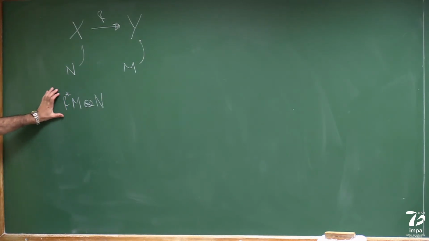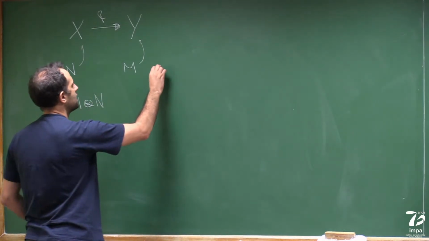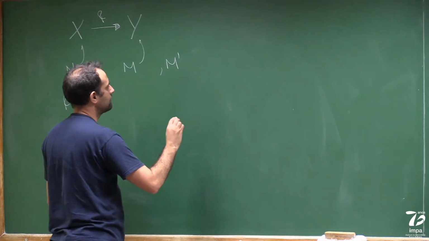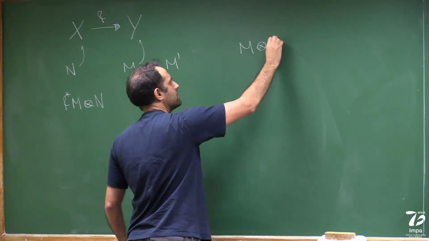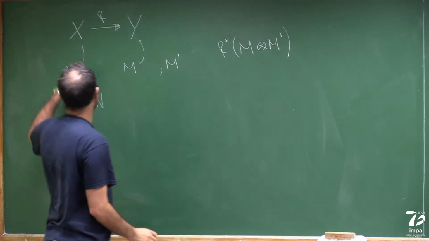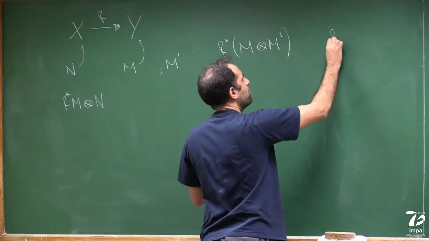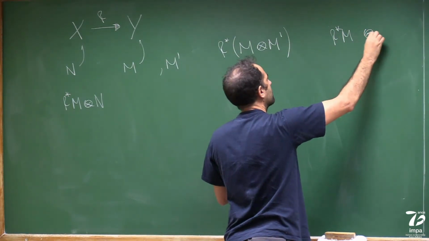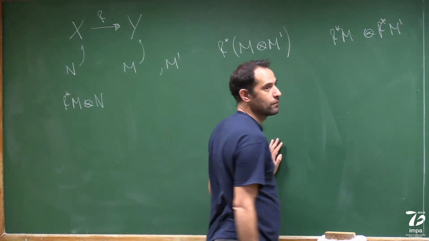And I want to understand the structure of this. It's even easier if I have two modules here, let's say M and M prime. Then I could do two things. I could look at M tensor M prime and then pull it back to get a module on X. Or I could just take the pullback of M and then tensor it with the pullback of M prime and see what I get.